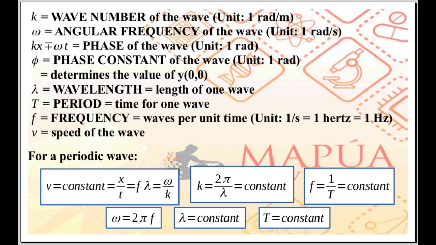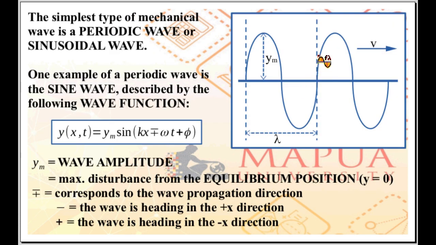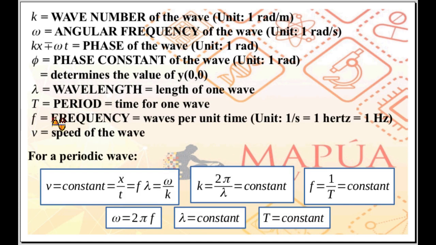On the other hand, if instead of measuring the time, you stand at the same point and you measure the number of waves passing by in 1 second, you are measuring waves per unit time. You are measuring the frequency of the wave. Waves per unit time. Unit is per second. It has its own unit, hertz. Capital H, z, hertz.